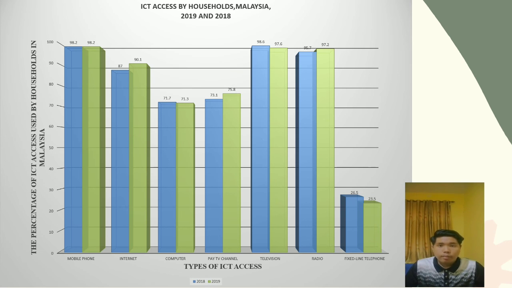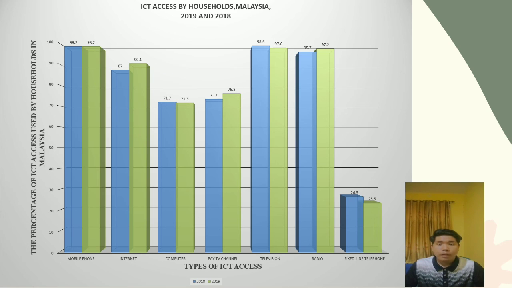Besides that, fixed line telephones can provide security during an emergency with reliable 999 communication and provide unlimited local calls. So, fixed line phones have various benefits and convenience to the users.